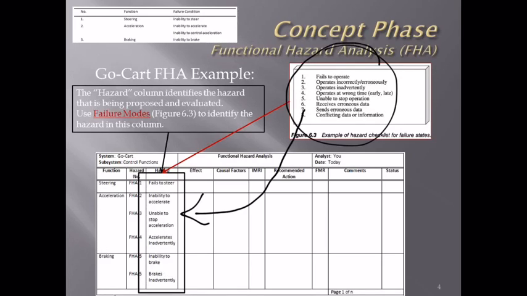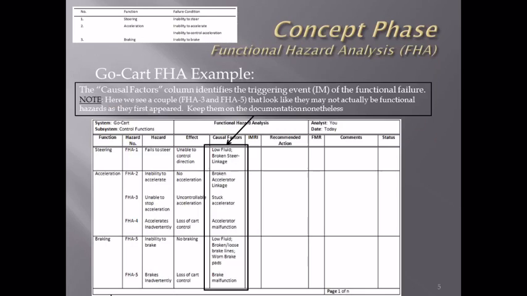Now I go through each of the columns in detail in PowerPoint number 6, but here we're just going to go through the ones that are a little bit more critical. I wanted to point out that there are three columns for the hazard: hazard, effect, and causal factors. These three columns, do they look familiar? They should.